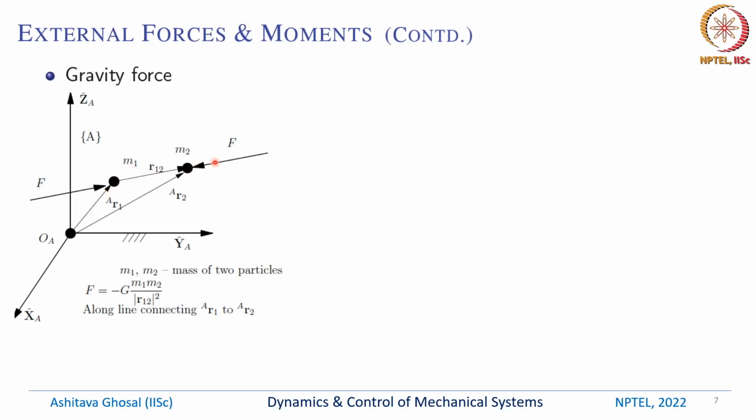If you have these two particles in 3D space, there is a force acting between them, given by G m1 m2 divided by the distance squared. G is the universal gravitational constant, and the minus sign tells you this is an attractive force, meaning that if you just leave it, this distance will decrease.